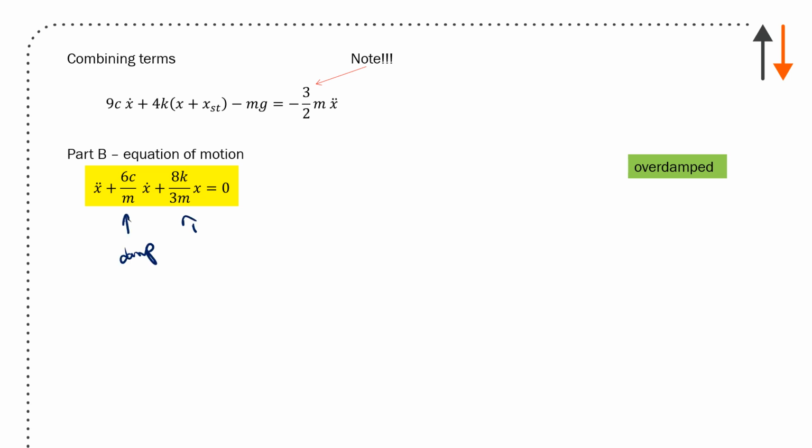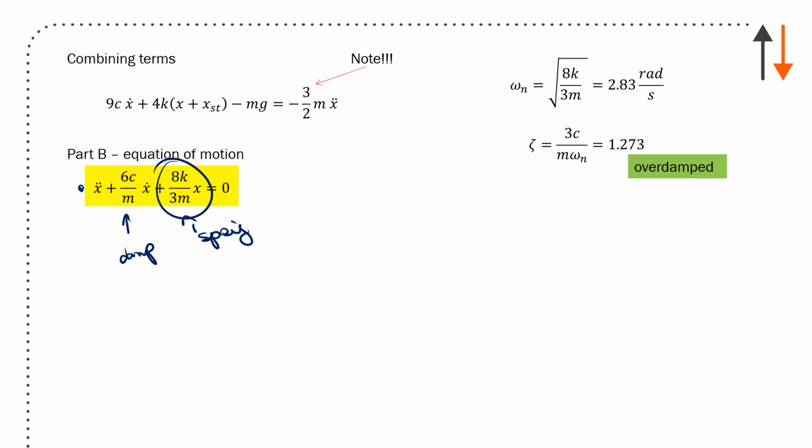This is my spring term, and this is my acceleration term over here. So x double dot plus 6c over m x dot plus 8k over 3m x is what I'm working with. I can calculate the natural frequency using this term right here. So 8k over 3m, and I get 2.83 rad/s.